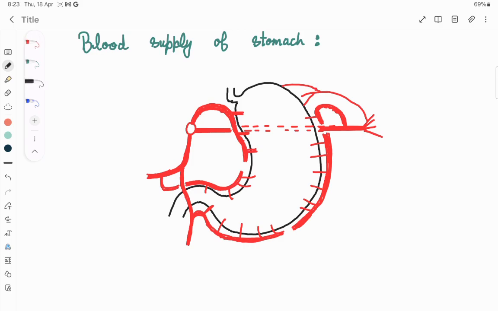So let us label them one by one. First of all, this is the celiac trunk. It arises from the abdominal aorta.